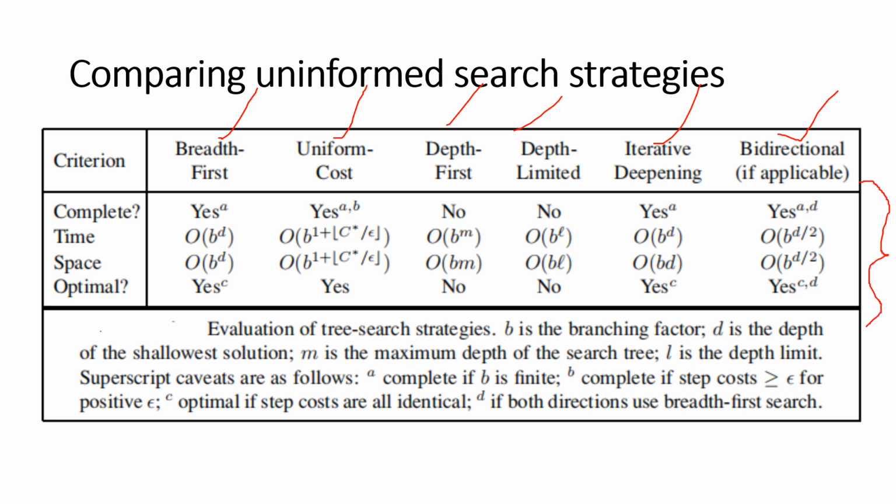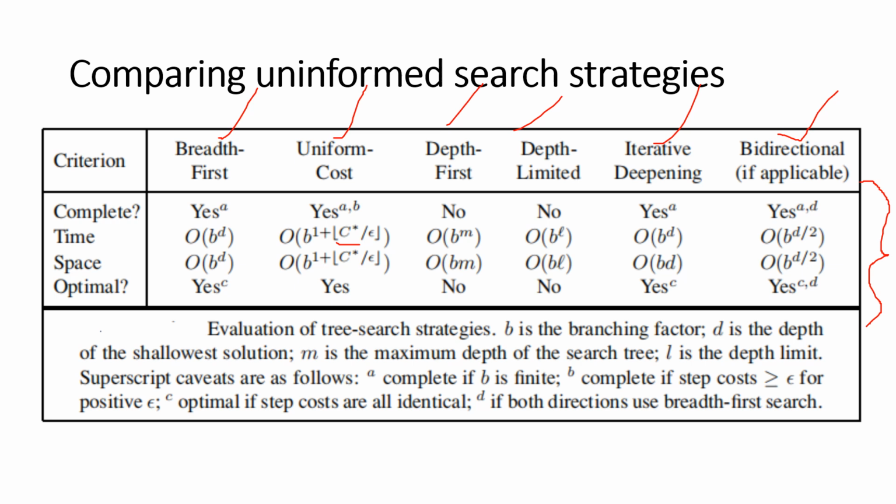Initially, b is the branching factor, d is the depth of the shallowest solution, m is the maximum depth of the search tree, and l is the depth limit. Here we have C star, which is the cost of the optimal solution.